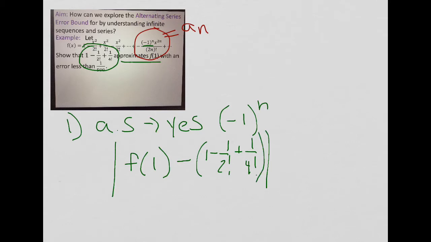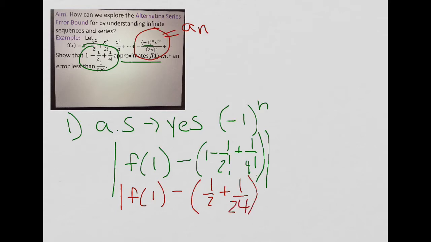That means to simplify this expression. So we have f of 1 minus, now 2 factorial is 2, so that's going to give us 1/2 plus 1 over 4 factorial. 4 factorial is 4 times 3 times 2 times 1, or 1 times 2 times 3 times 4. So you should be getting 1 over 24 here.